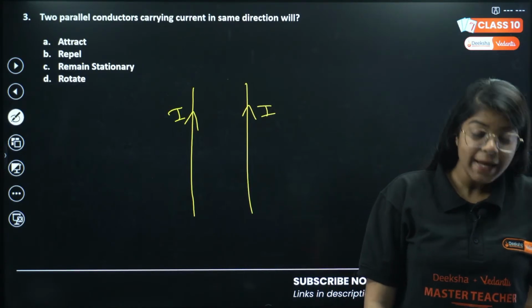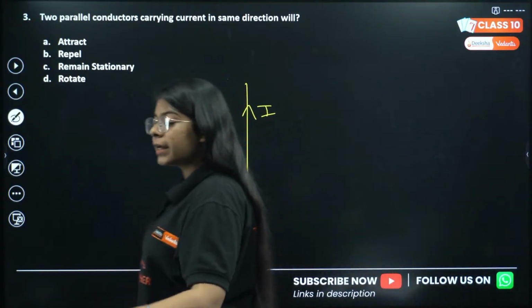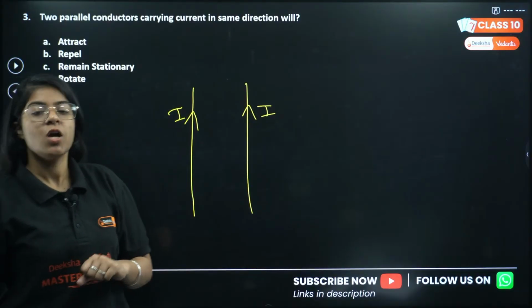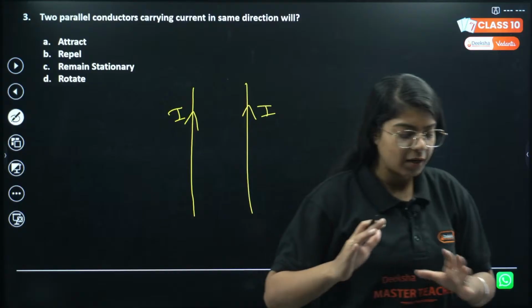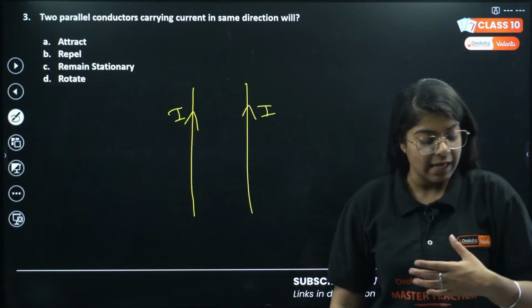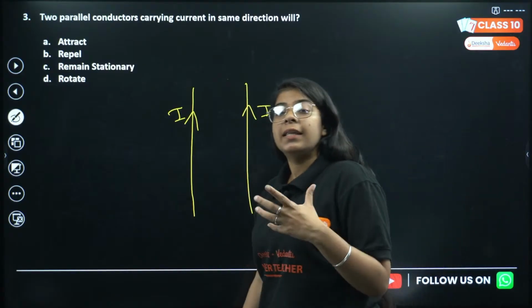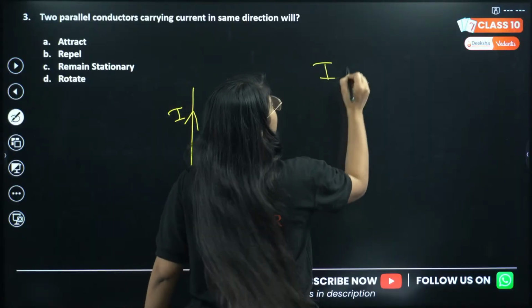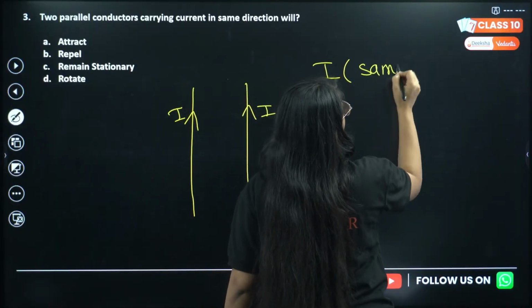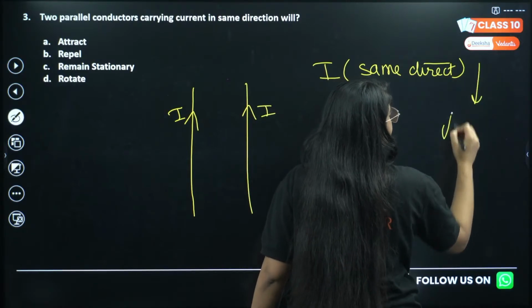Okay, so always remember, these are not charges, these are currents in parallel conductors. When the current in both these parallel conductors is in the same direction, they will attract.